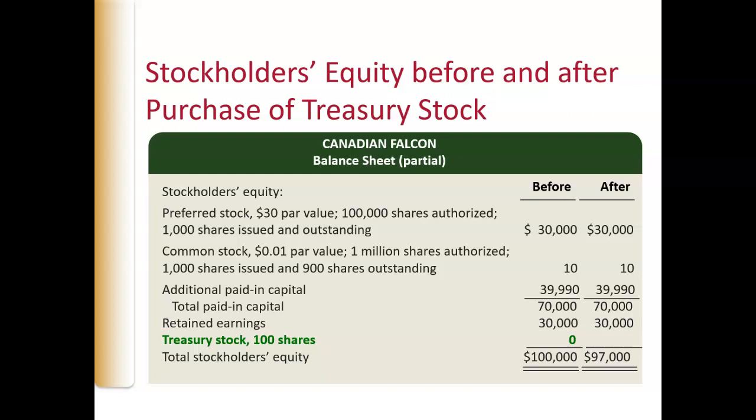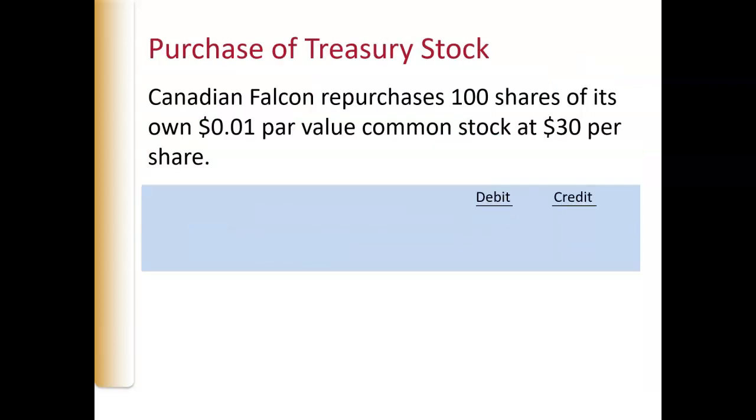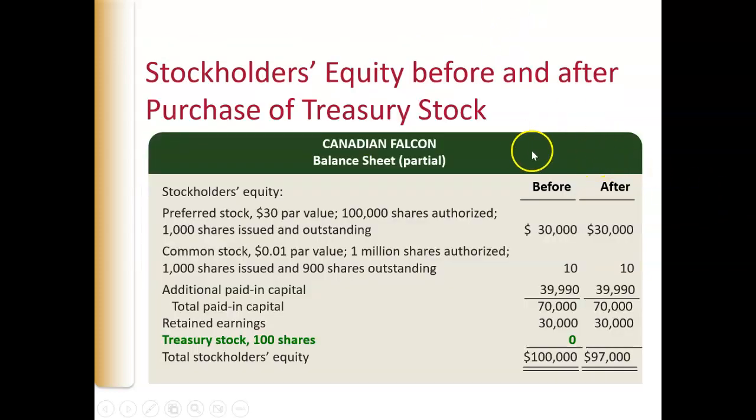Before we purchased the stock, we were sitting at $100,000 in total stockholders' equity. Once we purchased the treasury stock, do you see how our stockholders' equity is now sitting at $97,000? It's a minus. It's a contra account. It offsets our stockholders' equity.